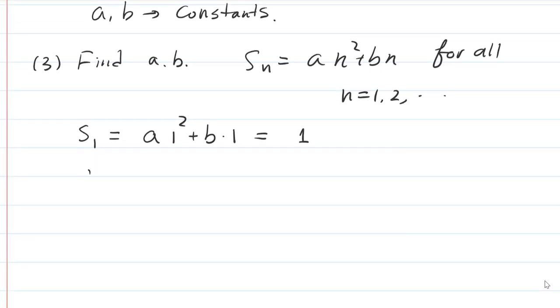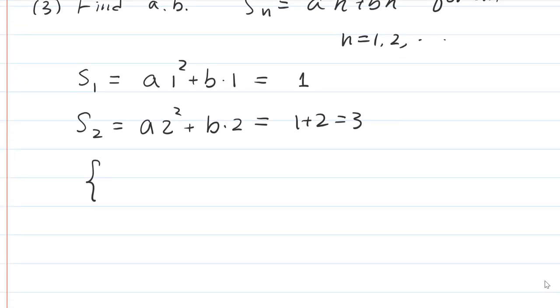Then we look at the second one, S2: a times 2 squared plus b times 2 is equal to S2, which is 1 plus 2, and that's 3. So we obtain two equations. One is a plus b is equal to 1. The other one is 4a plus 2b is equal to 3.